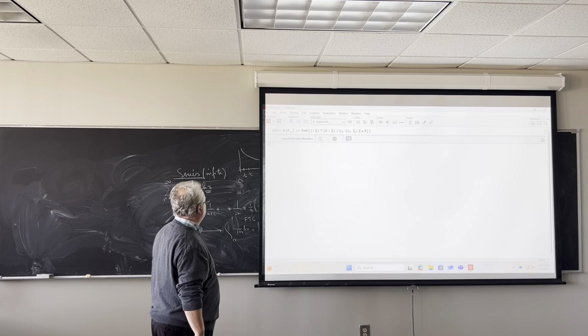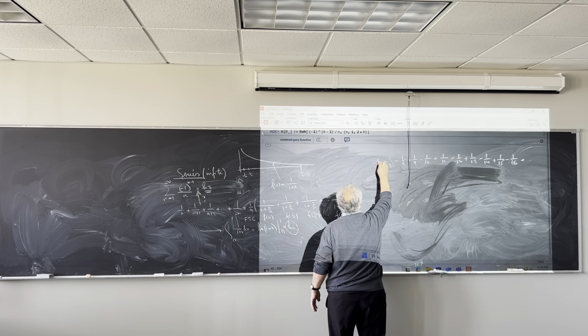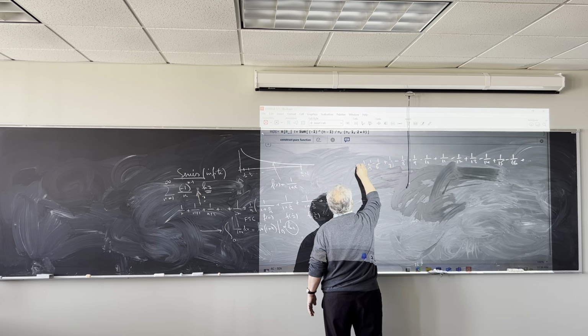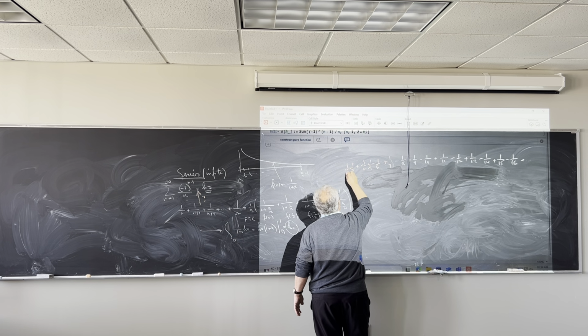So if we go back to this picture over here, the calculation over here, if k equals 1, for instance, we stop at 1/7, negative 1/6 plus 1/5, negative 1/4 plus 1/3, negative 1/2 plus 1.